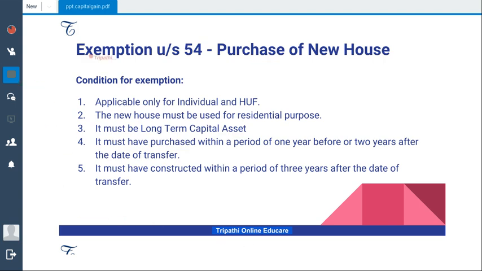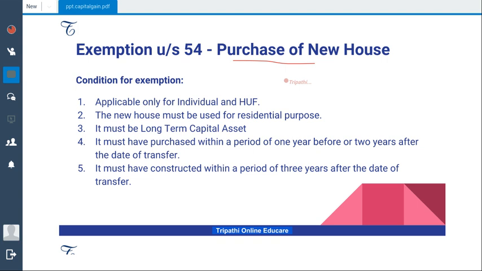Now you get some income tax benefit, that is exemption under section 54. What is that? If you invest your capital gain, whatever capital gain you have, into buying a new house, then you get exemption under section 54. For an example, you got a house, the cost of the house is 30 lakhs and you are selling this house for 35 lakhs.